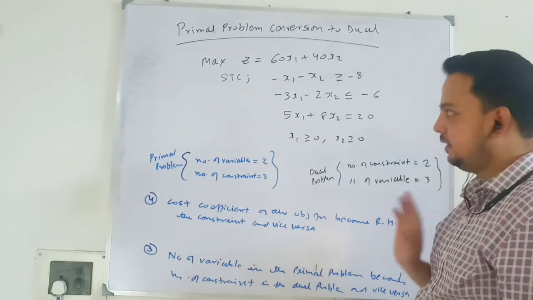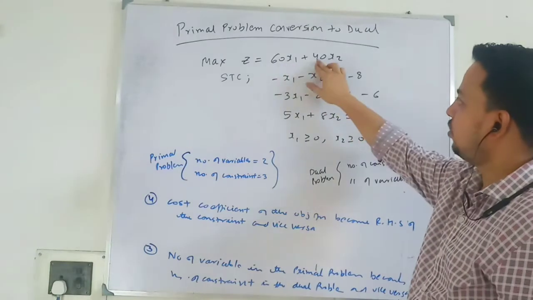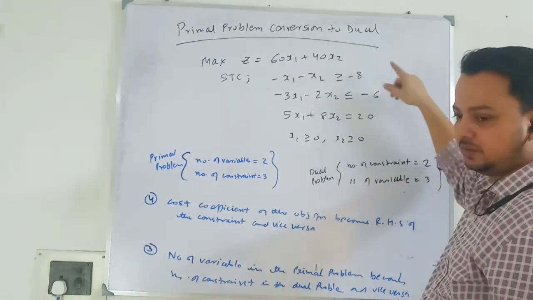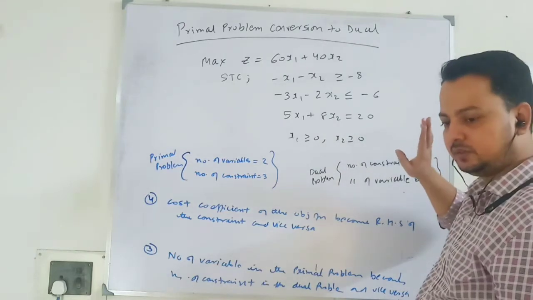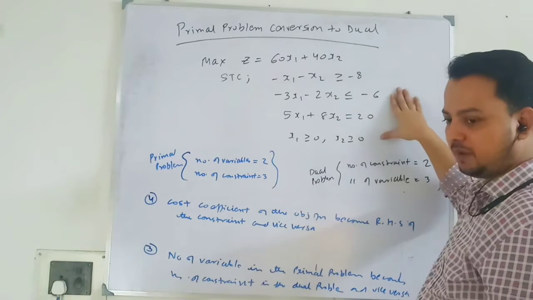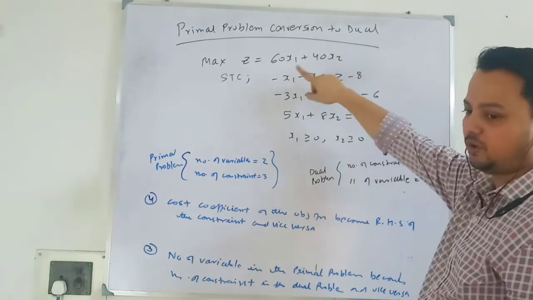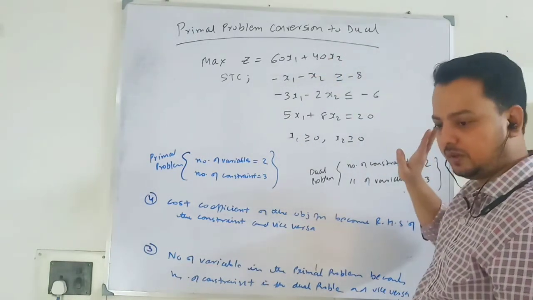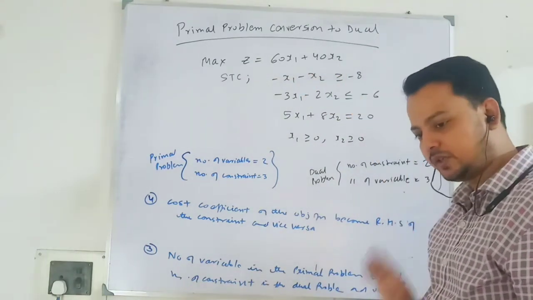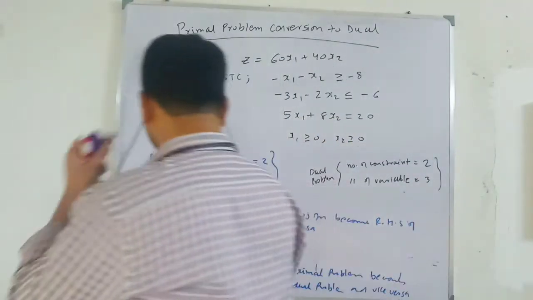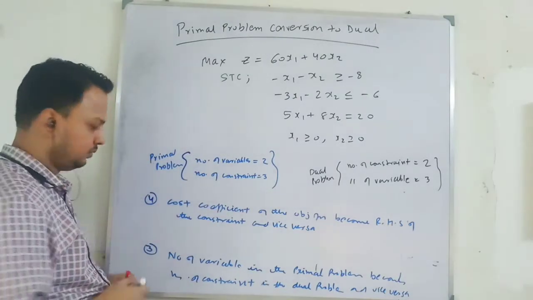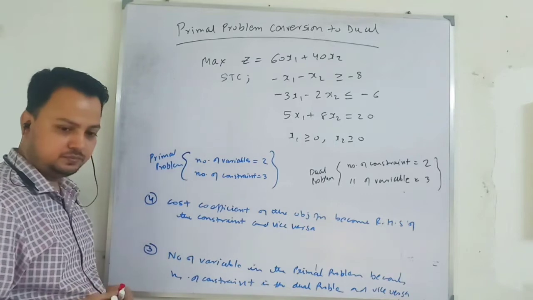The cost coefficient of the primal problem will become the right hand side of the constraints in the dual problem. Similarly, the right hand side of the constraints in my primal problem will become the cost component of the objective function. Okay, this is point number 4. Clear?